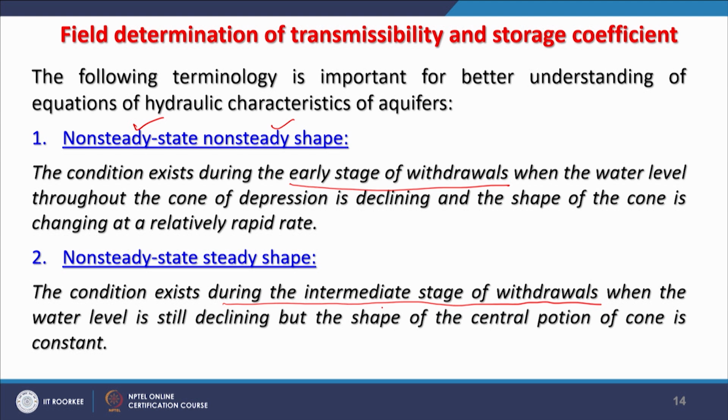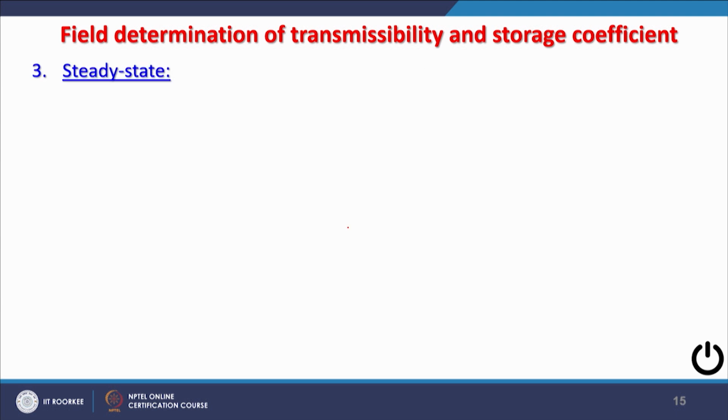But in the intermediate stage, the water level in the well keeps declining, however, the central part of the cone of depression becomes constant, and therefore we give these wordings: non-steady state, but steady shape for the cone of depression.